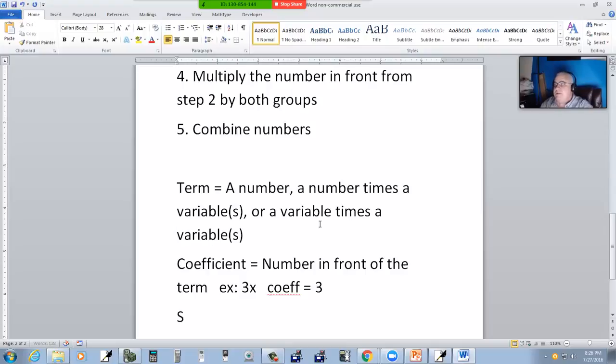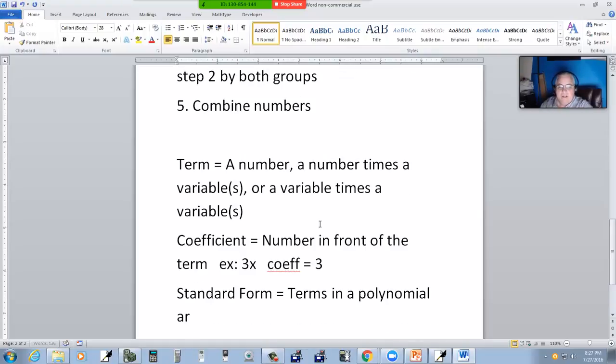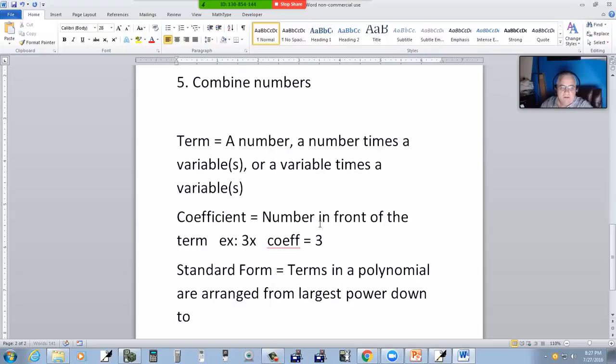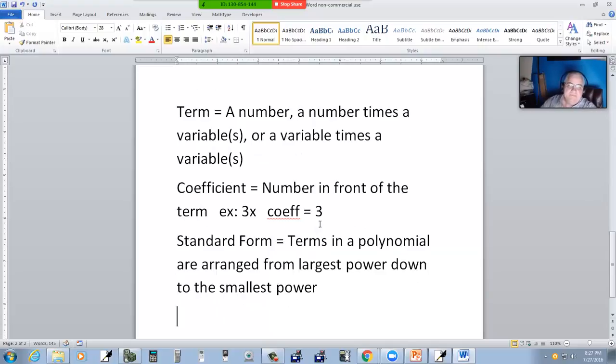Now we have something called standard form. This is where your terms in a polynomial are arranged from largest power down to the smallest power. So that would be your standard form.